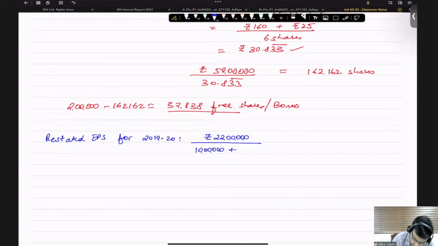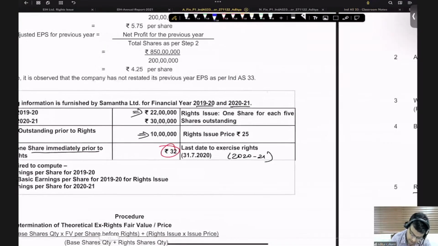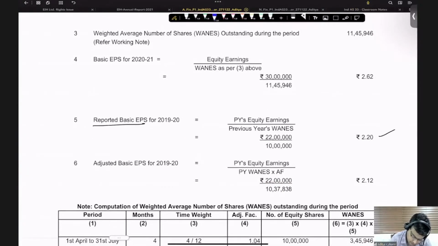But now I have a bonus element, 37,838. So this becomes 22 lakhs divided by 10 lakh 37,838. You can have a look at the answer. Adjusted basic EPS for 2019-20, 22 lakhs by 10,37,838.